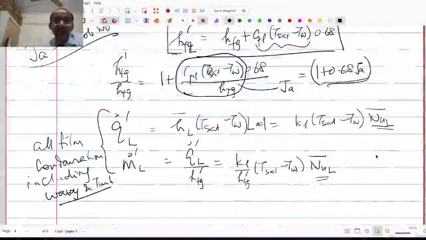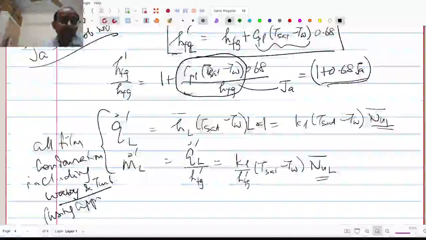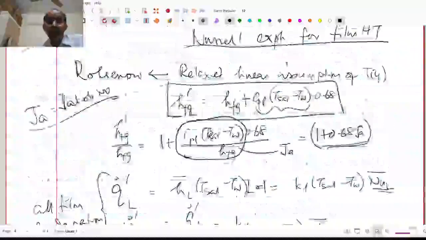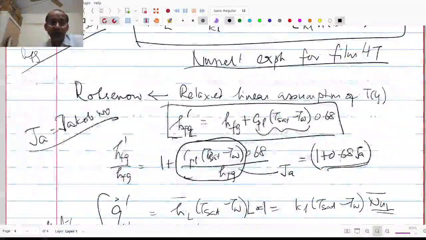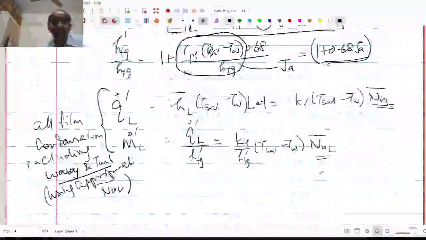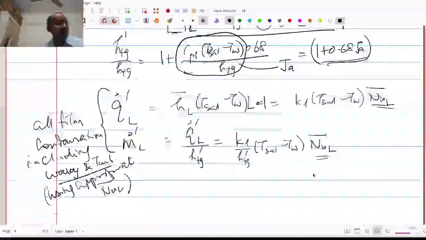So that is using the appropriate Nu L bar. If I use the Nu L bar from the Nusselt expression or the one from the Jacob number, then I would get the Q L and m L for laminar flow. Otherwise, I'll be able to get it for turbulent flow.